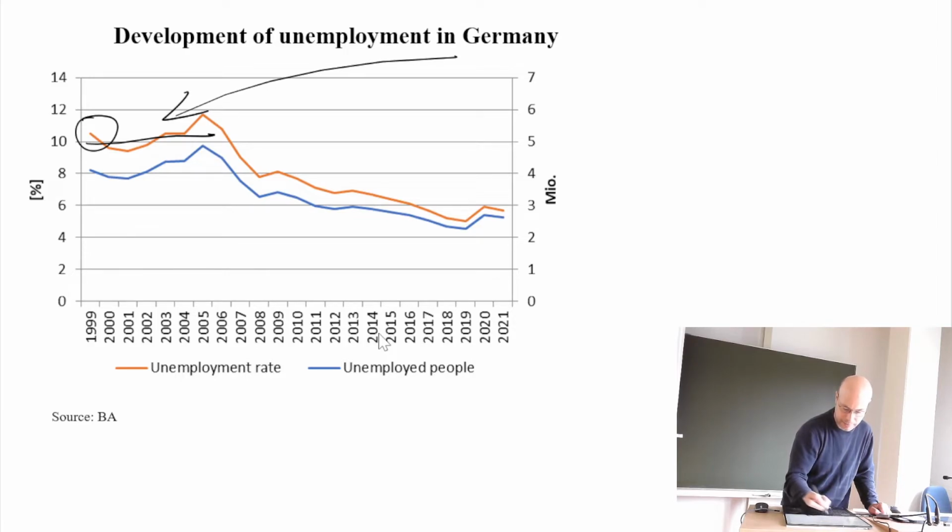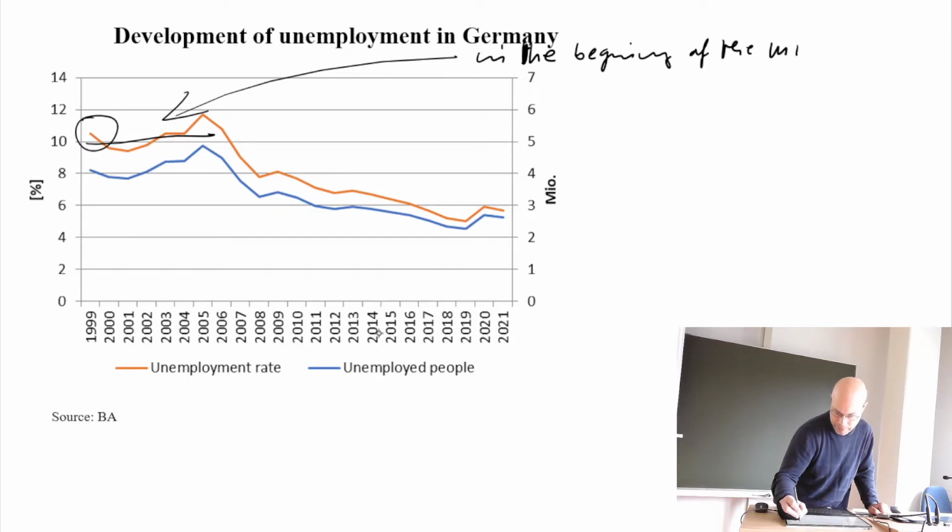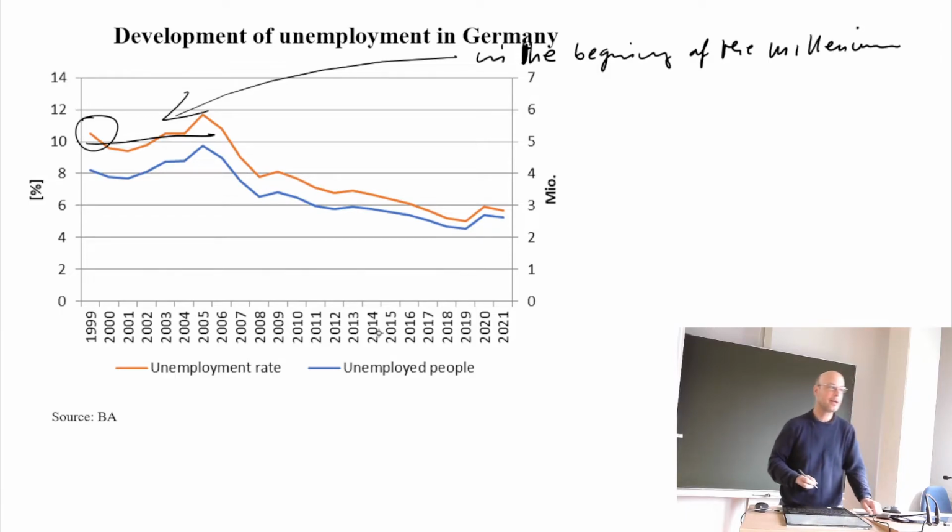This was in the beginning of the new millennium. And there, of course, we also have to say that during this time, until 2005, 2006, we really had an economic crisis in Germany.